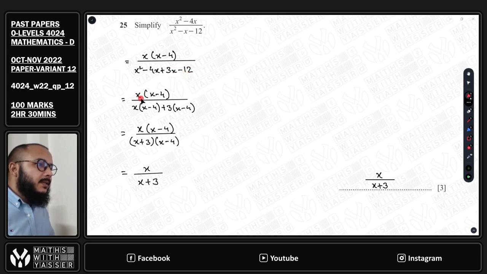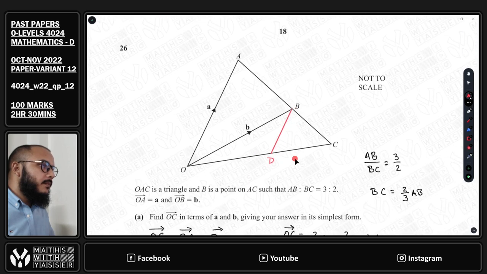So then I can say x, then x minus 4 over x, then I'm taking x minus 4, I'm taking positive 3 common, and this will be x minus 4. So the factors in the denominator will be x plus 3, x minus 4, and on the numerator we still have x times x minus 4. I can take away these and I'm left with x over x plus 3.